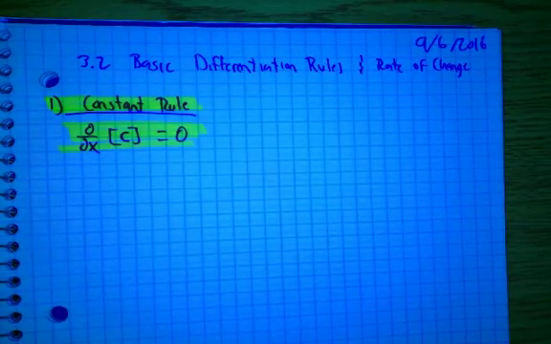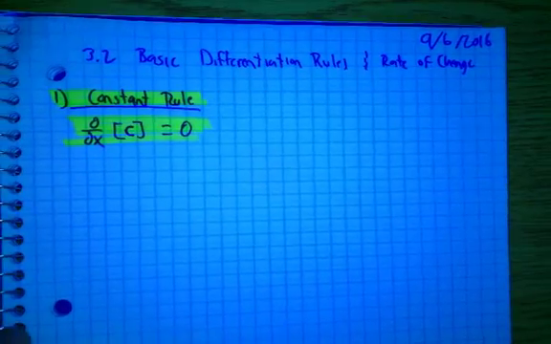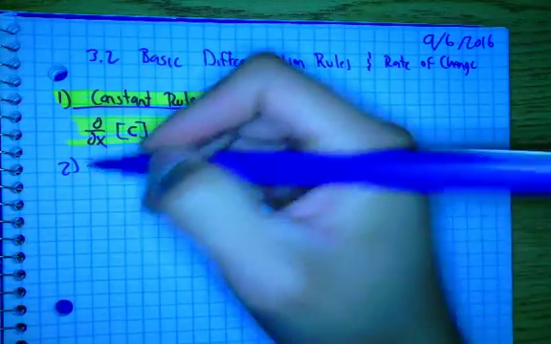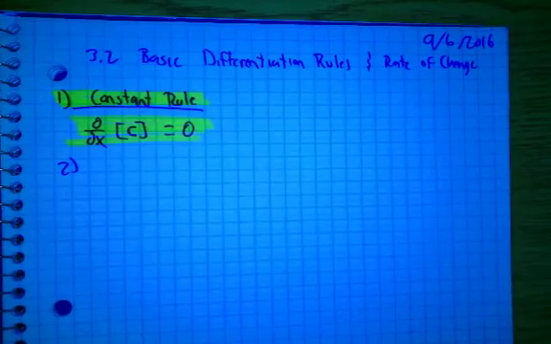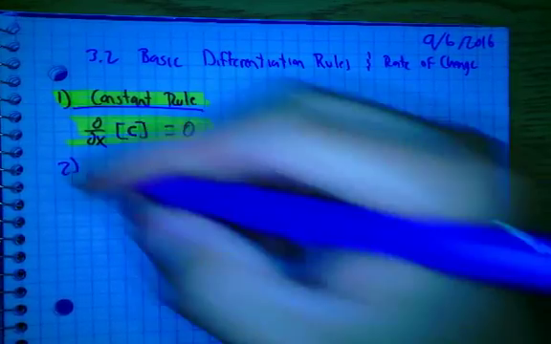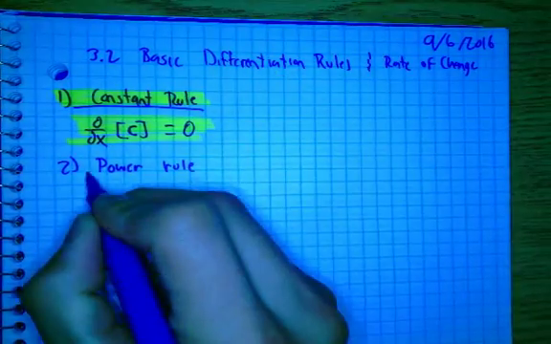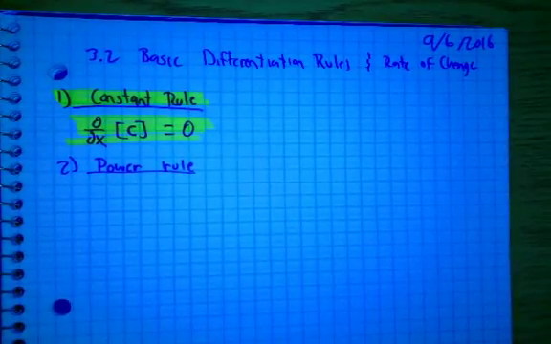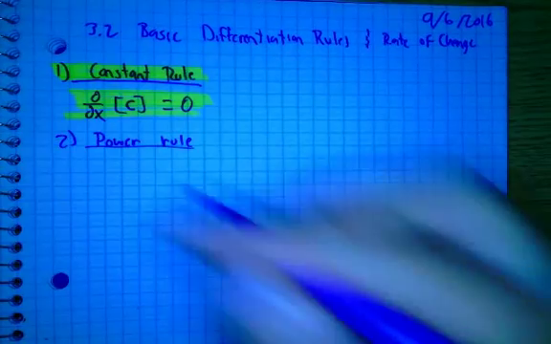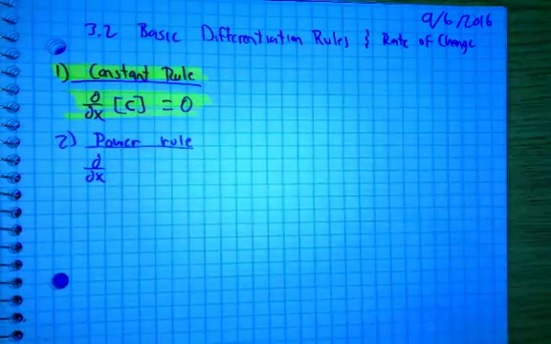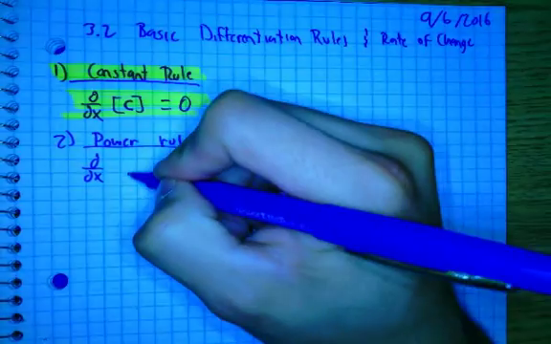I want to introduce you to another rule real quick, and this is one of the most popular or most powerful in my opinion. It's called the power rule. Pun intended. Alright, power rule. Here's how it works. It says the derivative of a function in terms of x. Let's say you have a function where you have x to the nth power.